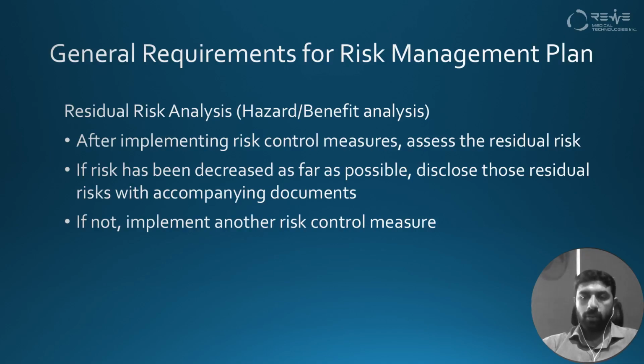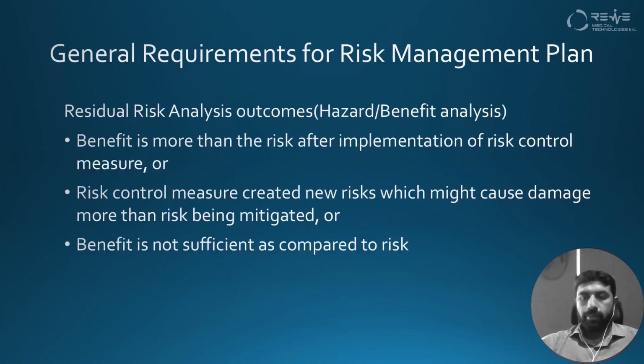We only have to disclose those residual risks in the documentation of the device. If the residual risk is not reduced as far as possible, then we will have to perform the risk control measures process again for that risk.